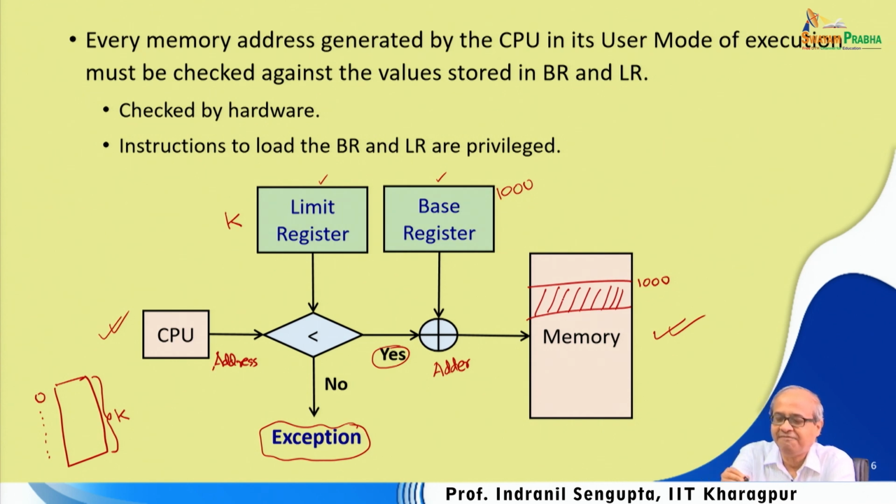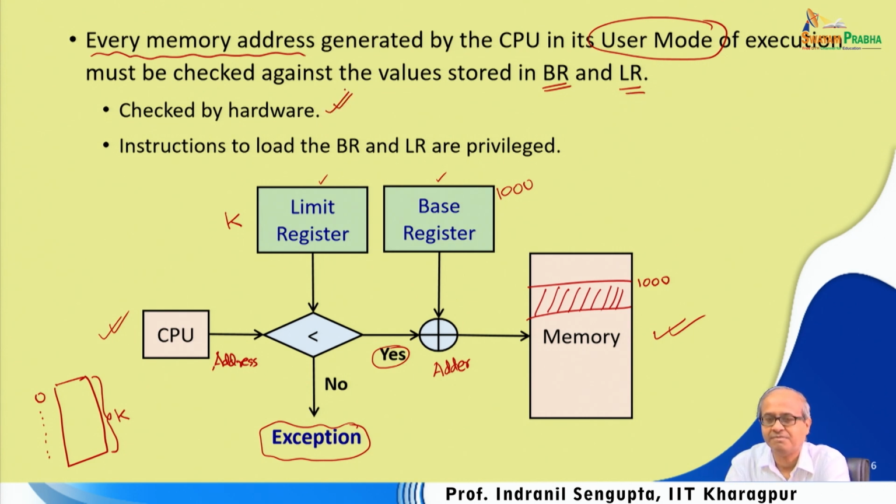So, basically every memory address generated by the CPU when a user program is running, that means in user mode, must be checked, as this diagram shows, against the values stored in the base register and limit register. And this checking is not done by software, it is done by hardware.